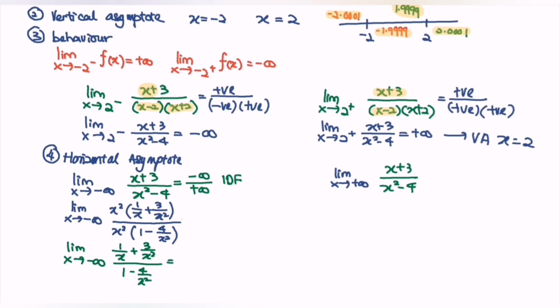Do remember the key: 1 over infinity will give 0. So if we substitute we will have 0 for this part, again 0, 0. So as a conclusion, 0 over 1, so we will have 0. Same goes to the right hand side, limit when x approaches positive infinity.